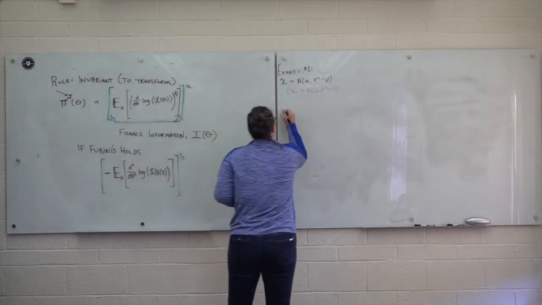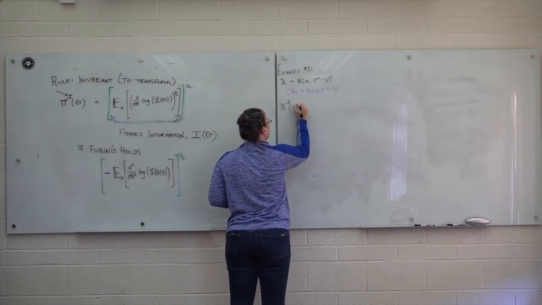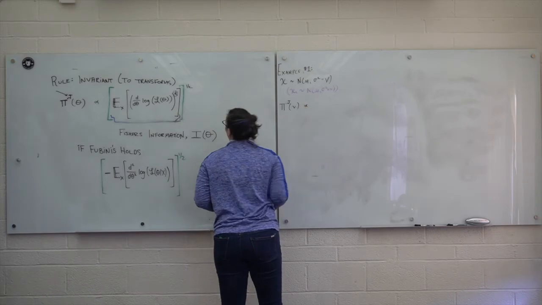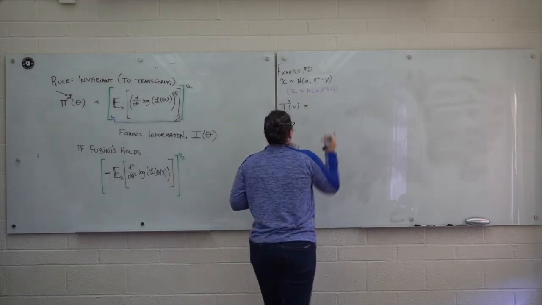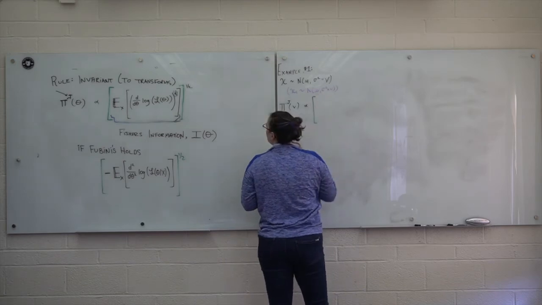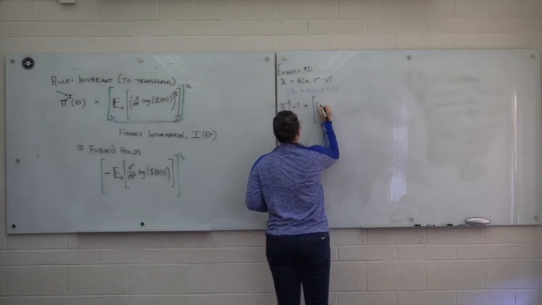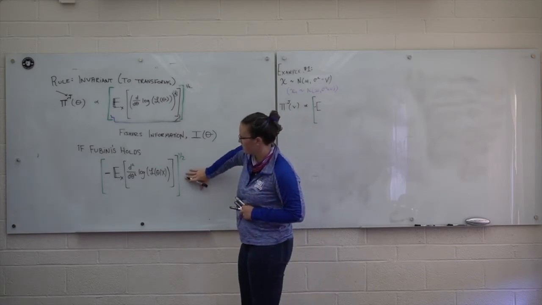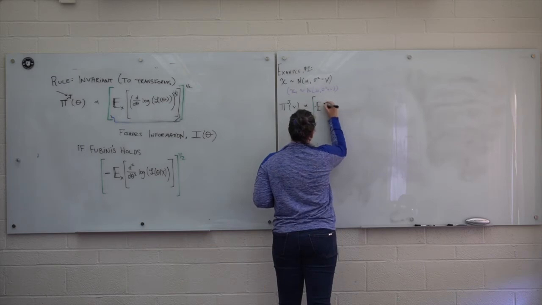So let's look at this. Our Jeffrey's prior for v is going to be proportional, we'll use our green brackets, to the expectation. We're going to use this one down here because it's easier in this case.